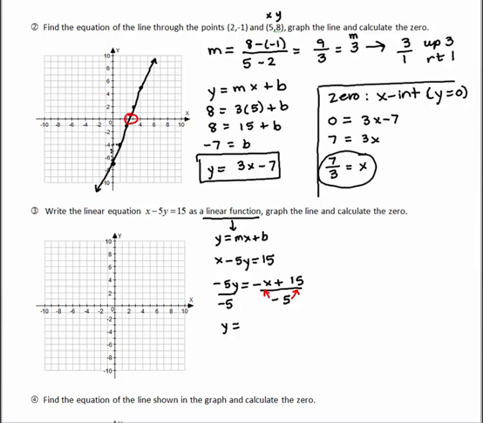And when I take negative 1x divided by negative 5, negative divided by negative is positive. And so I could write that as positive 1/5 x. The 15 divided by negative 5 will give me negative 3. That's my y equals mx plus b form. If I want function notation, I simply have to change the y to an f of x. And there's the linear function.